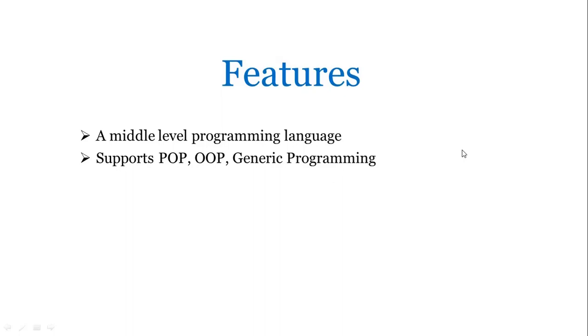Coming to features, C++ is a mid-level language. Mid-level language in the sense that it can be used as a low-level language or it can be used as a high-level language.